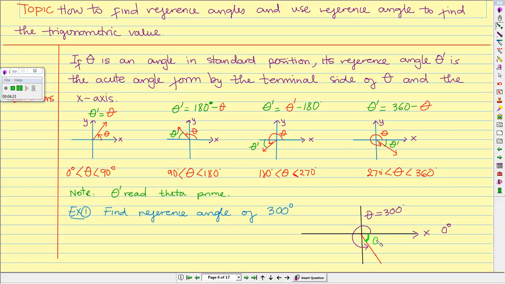To find it, you have to take 360 minus your given angle. So in this case, my acute angle will be 60 degrees. Therefore, the answer: the reference angle theta prime is an acute angle which is 60 degrees.